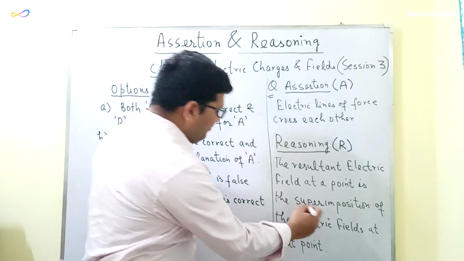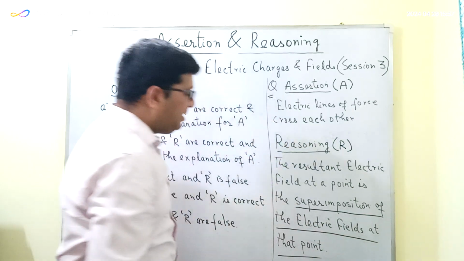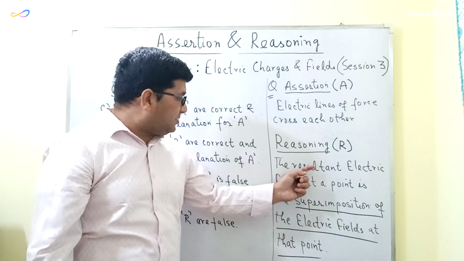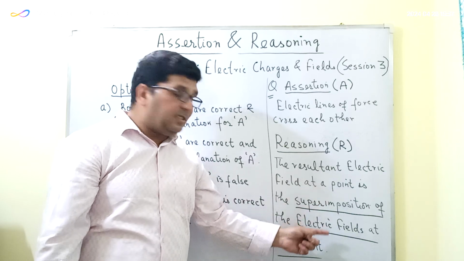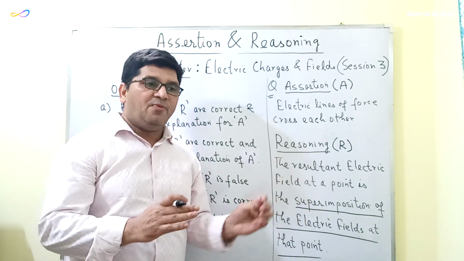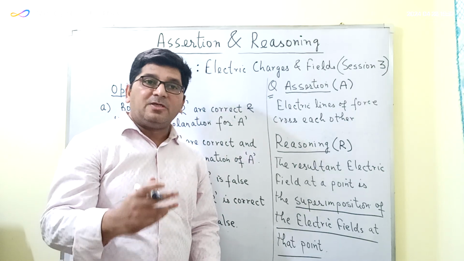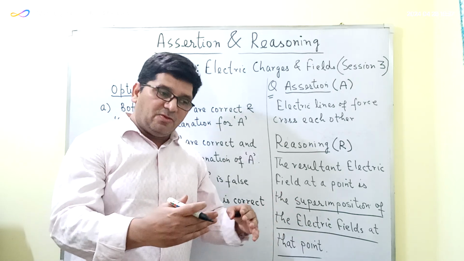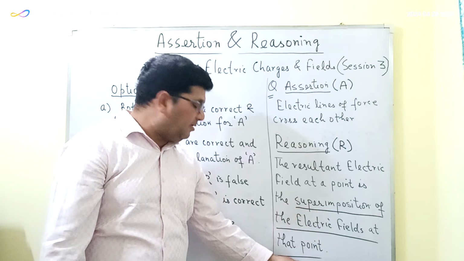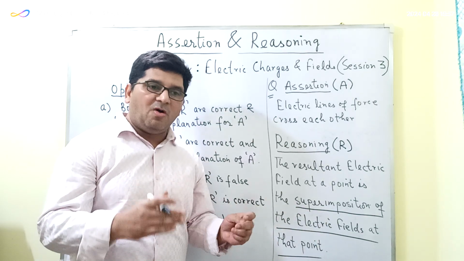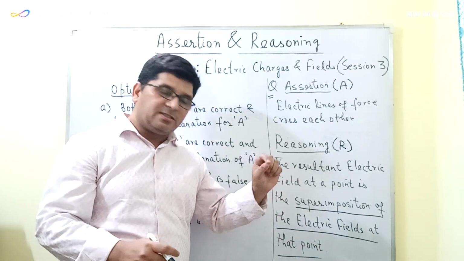The superimposition of the electric field at a point means that the resultant electric field at a point is the vector sum of the electric fields due to the individual charges which are surrounding that particular point.